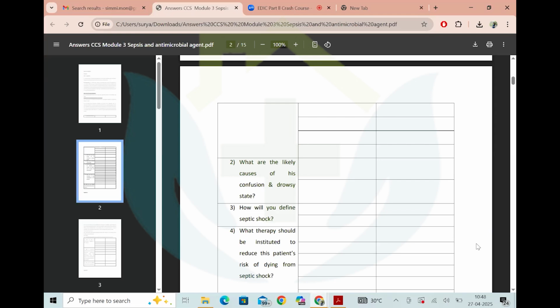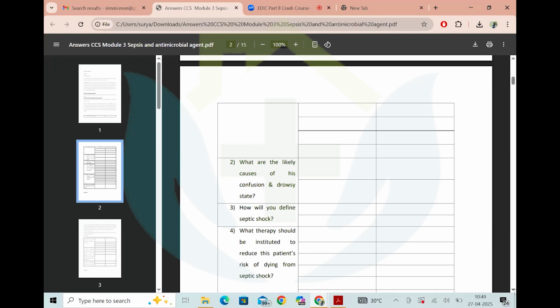Sepsis is a dysregulated host response to an infection, and if it is associated with shock with a MAP less than 65, causing cellular and circulatory dysfunction, that is called septic shock. You can elaborate a little, because we have to define sepsis and septic shock properly. What therapy can you institute at this point of time which is going to improve this patient's outcome?